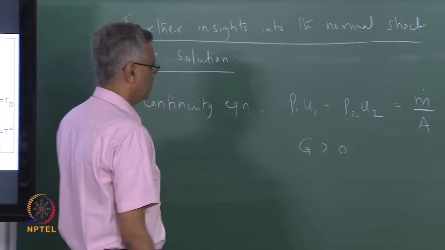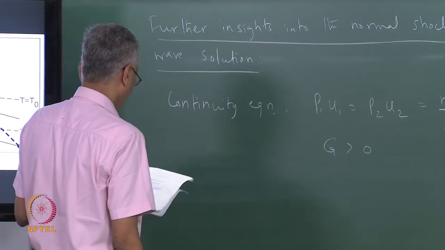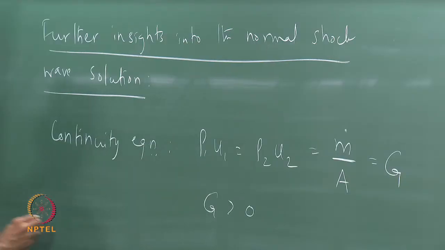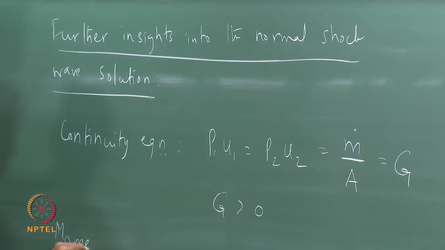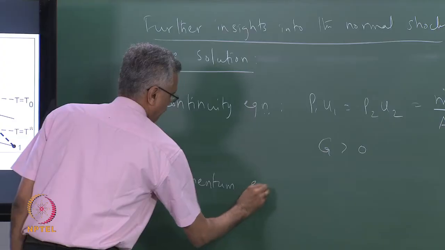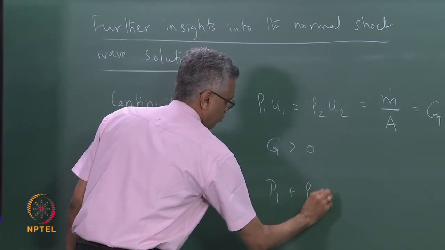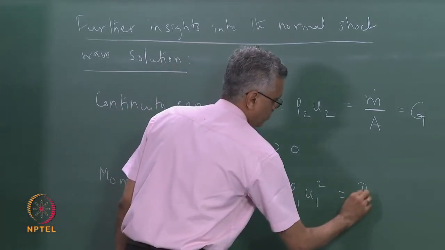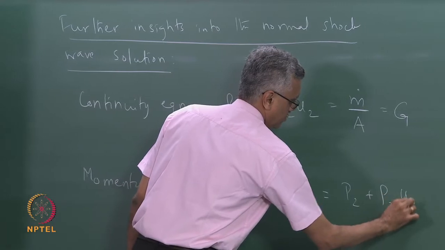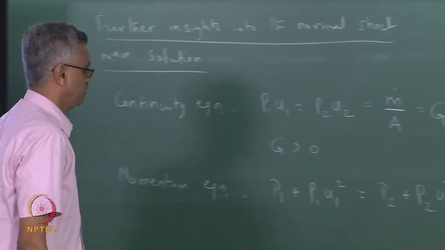Right. So, this is our continuity equation, and the momentum equation looks like this: P1 plus rho 1 u1 square is equal to P2 plus rho 2 u2 square.